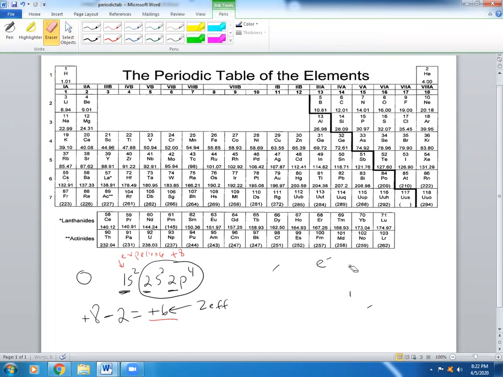Let's look at another example. Let's say I'm asking you to give me the effective nuclear charge of Si.